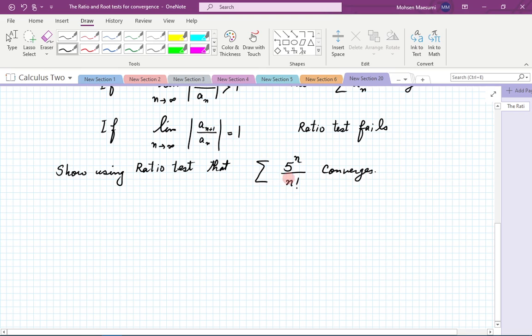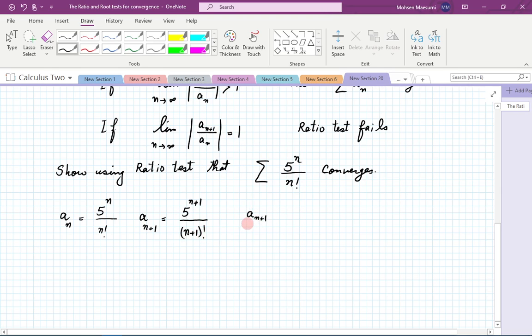Okay, so here my nth term is 5 to the power of n over n factorial. Who is going to come after that? That's a_{n+1}. That means our exponent going up one notch. This factorial also going to go to the next factorial, whatever it is.